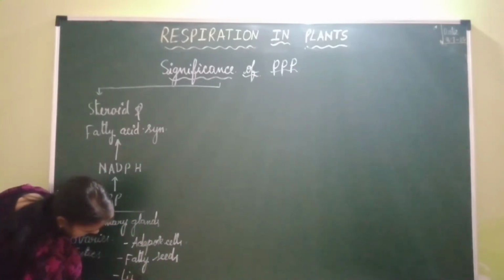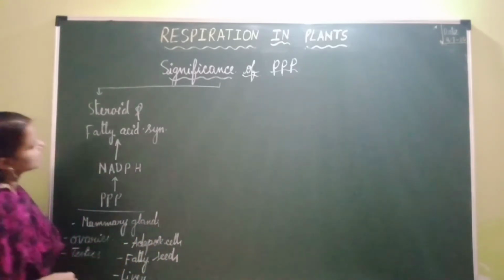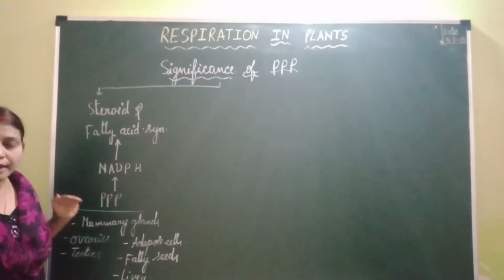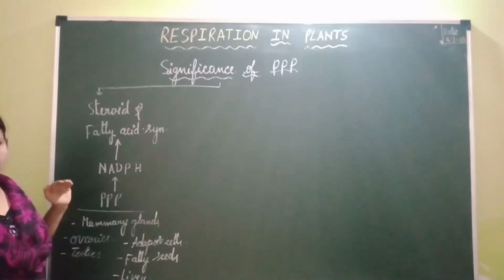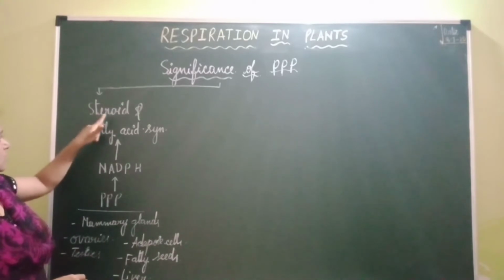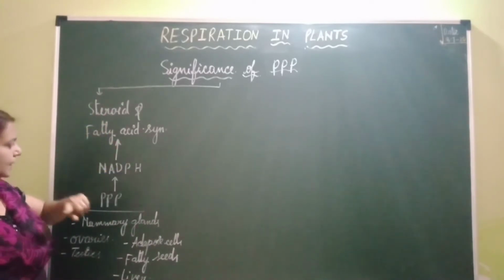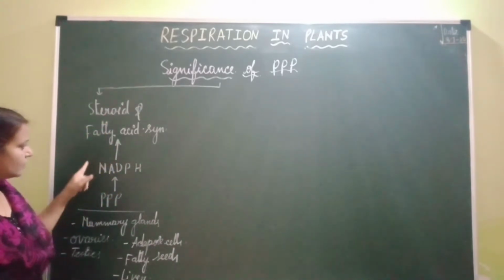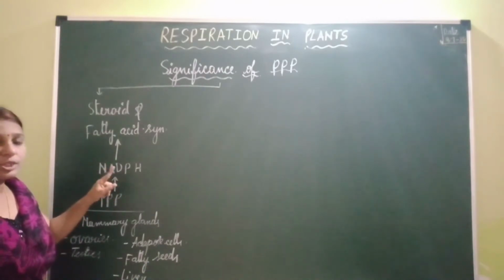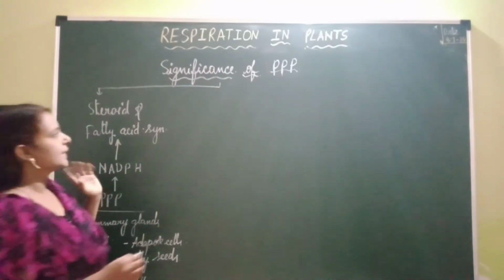So these are some examples of the cells in which this PPP pathway occurs, where reducing power is required more and more for the synthesis of steroids and fatty acids, and that reducing power is provided in the form of NADPH, which is formed during the PPP pathway inside these cells.